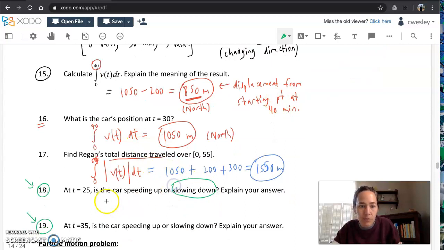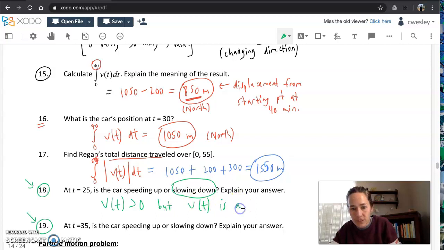And my reasoning will be that velocity is positive, it's greater than 0, but velocity is approaching 0, or decreasing. So like we used to say, you have a positive velocity but a negative acceleration. Those two are not working together.